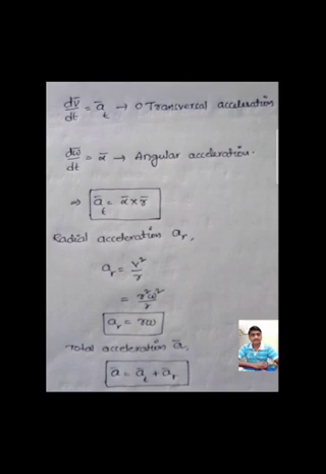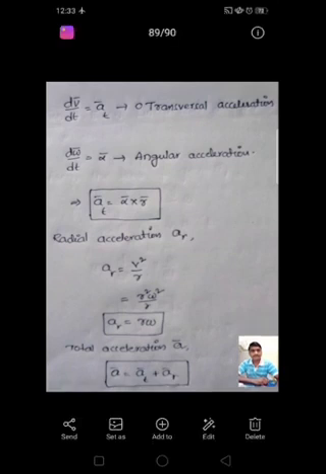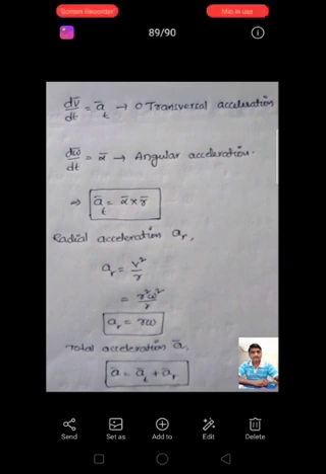So from this, the total acceleration of a rigid body in rotatory motion is written as a is equal to at plus ar. That means acceleration of a rigid body in rotation is equal to the sum of transverse acceleration and radial acceleration.